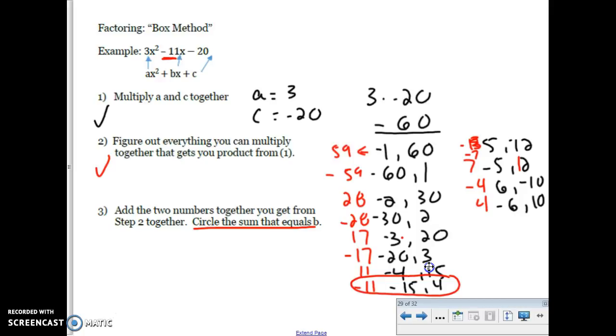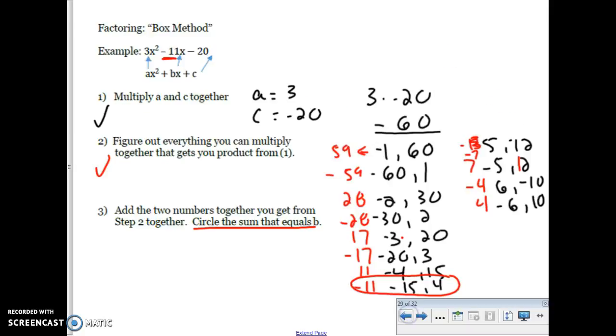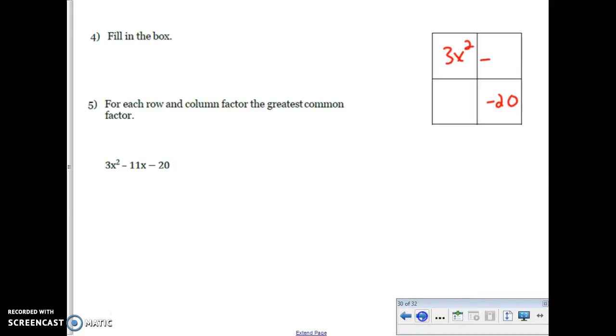So what am I going to do with that now? I'm going to put this into my magical box. I have 3x squared here, and I have a negative 20 down here. From the previous information, negative 15 and 4 add up to negative 11, and I have an x. So I'm going to put a negative 15x here and positive 4x.